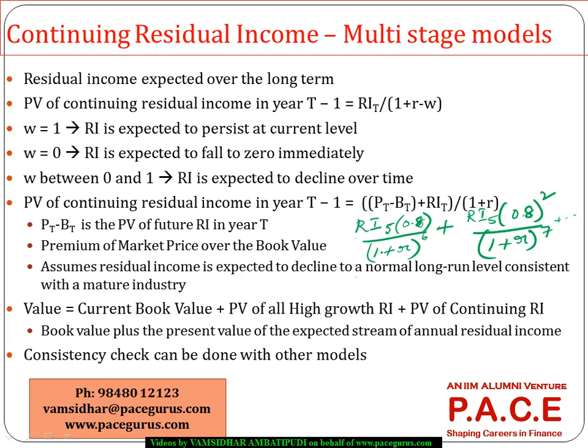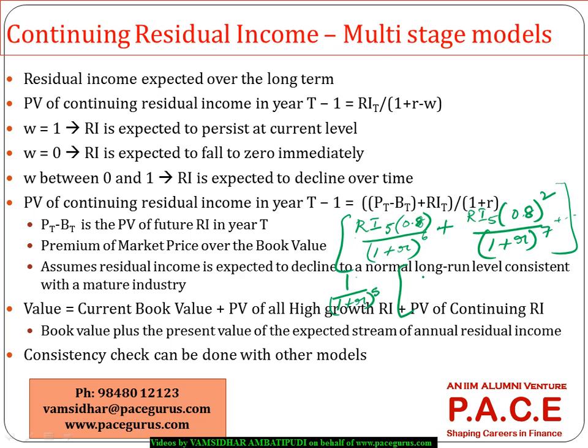Probably if I am trying to find out the present value, again using a geometric progression kind of a mechanism itself, if I take out, let's say, 1 plus R to the power 5, this is nothing but RI 5 into 0.8 by 1 plus R, RI 5 into 0.8 squared by 1 plus R squared. This is an infinite term of the geometric progression.